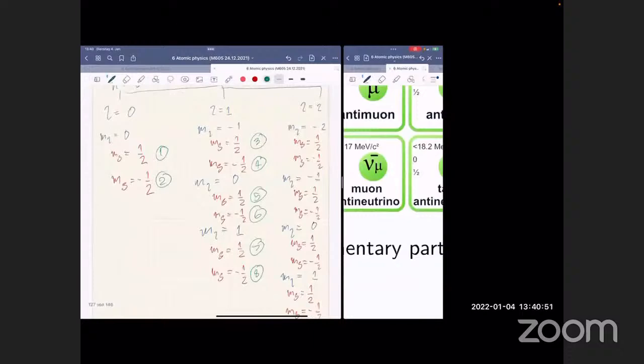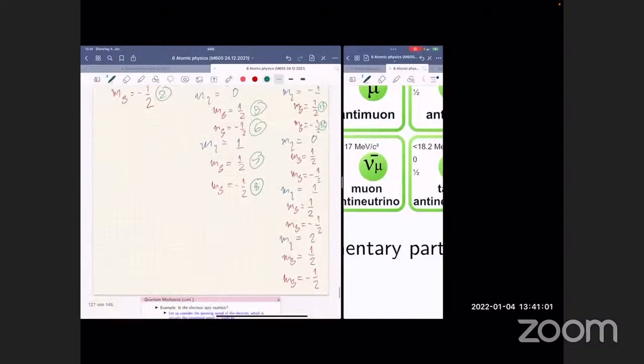And here we have the number 9 case, the number 10 case, number 11 case, the 12th case, the 13th case, the 14th case, the 15th case, the 16th case, the 17th case, the 18th, the last one.